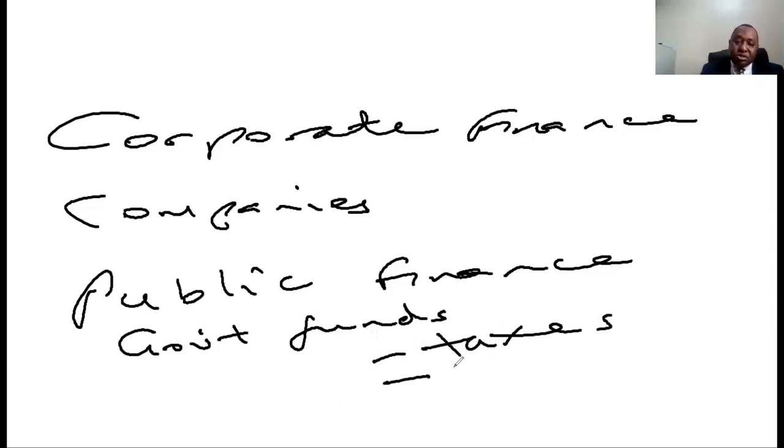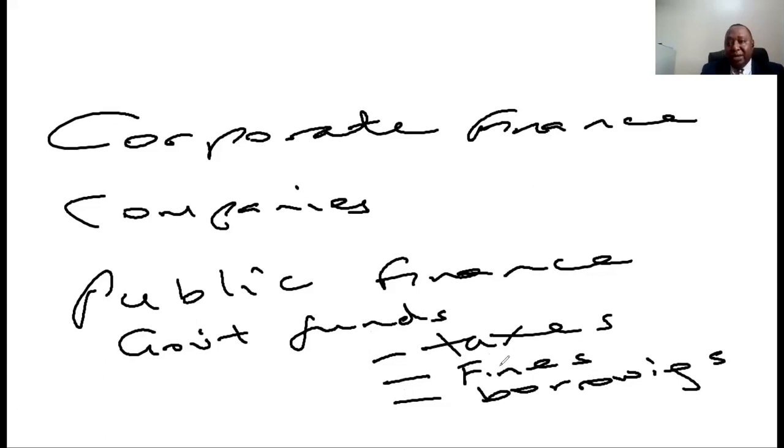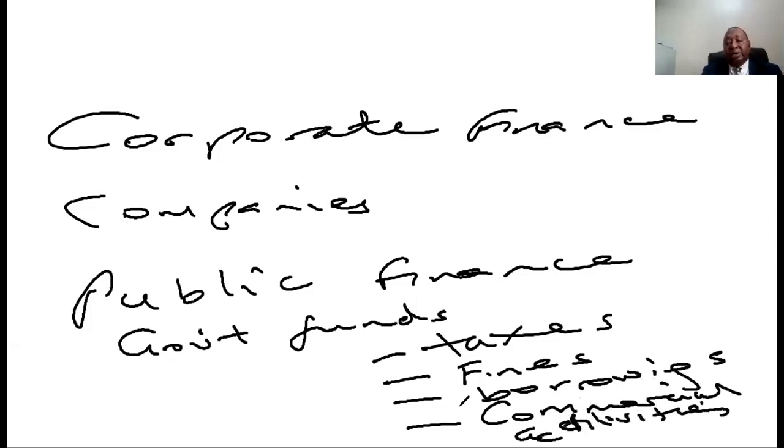What else? Sometimes borrowings, sometimes fines. They undertake commercial activities, like there are parastatals that are earning money, etc. How does government use funds?